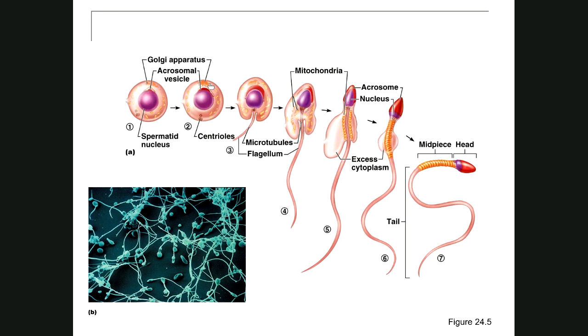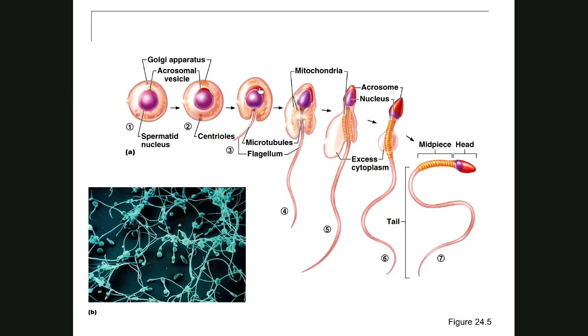All of these vesicles which are produced here combine together and make a very large vesicle. And this large vesicle is red here, and it's like a cap, like a hat. It's located on the nucleus. This vesicle is called the acrosome, and it contains digestive enzymes.